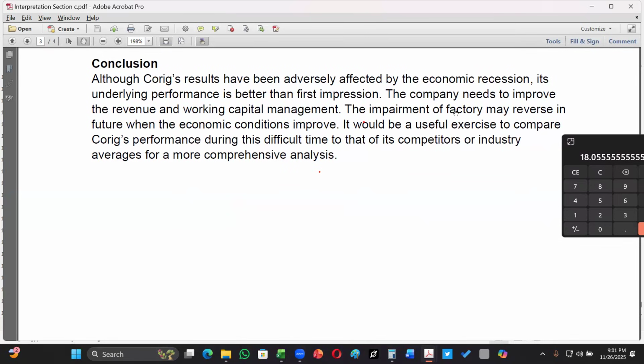The impairment of the factory may reverse in future when the economic conditions improve. So this is also important: what has gone down might come back. It would be a useful exercise to compare Craig's performance during this difficult time to that of its competitors or industry averages for a more comprehensive analysis.